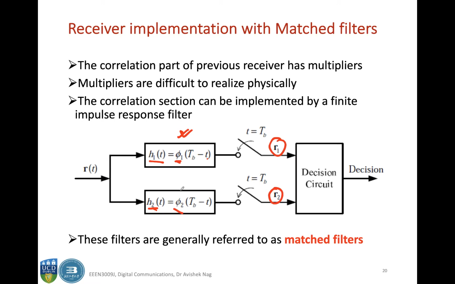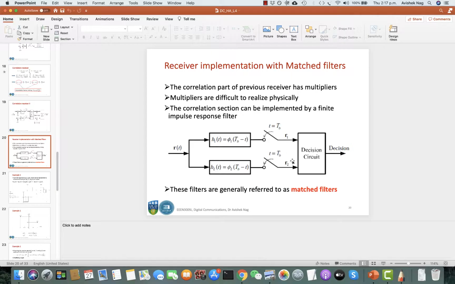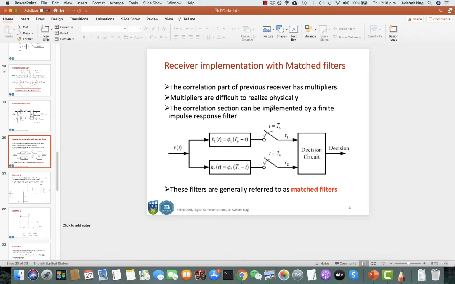Let me go to the whiteboard here. What is the expression of R1 and R2? R1 and R2, the two components of the received signal which you are obtaining here.